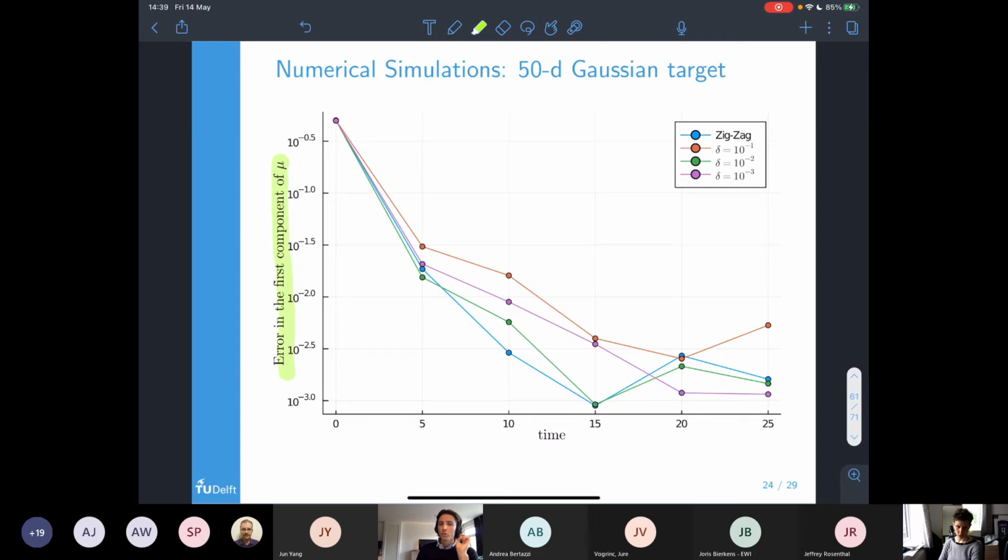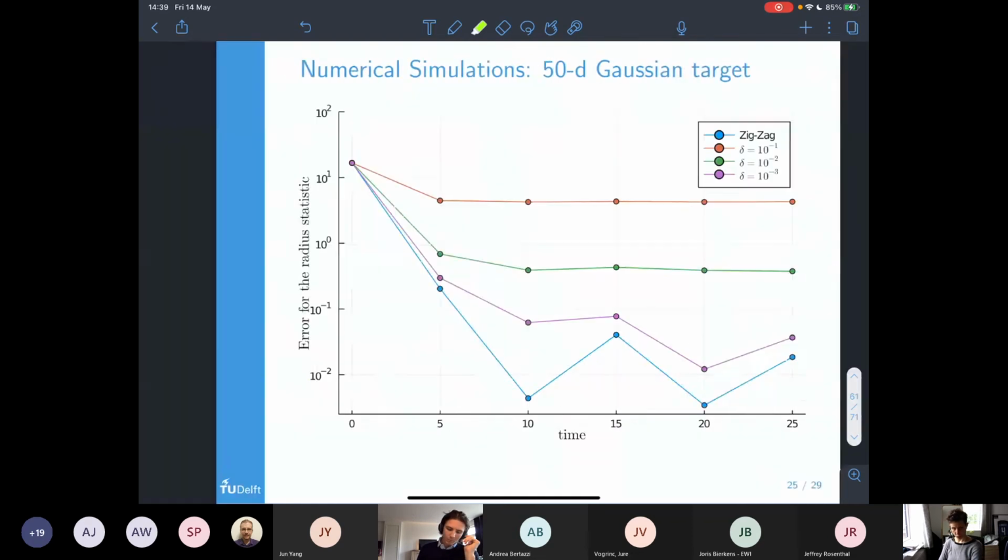So we're estimating the first component of the mean, and we want to see how the error that we commit decays in time compared to the continuous time process. In this case, it seems very nice, right? Because we have more or less the same behavior as Zig Zag. So everything is decaying. Of course, choosing delta that's 10 to the -1 still shows some, but there's noise, so it's difficult to tell exactly.